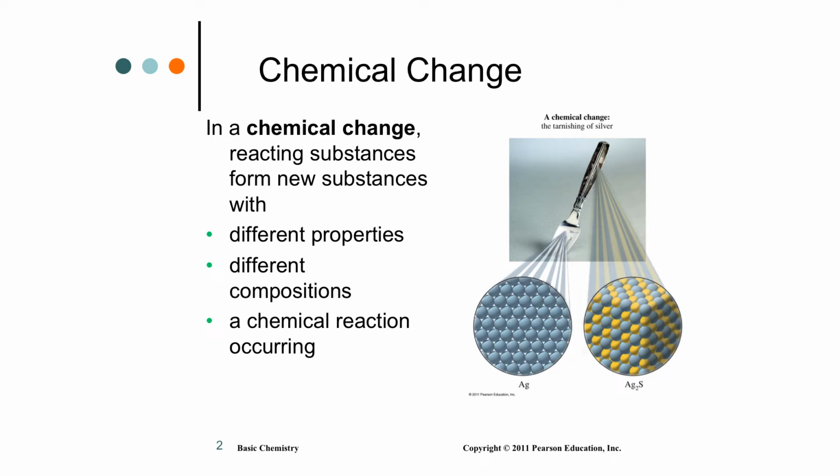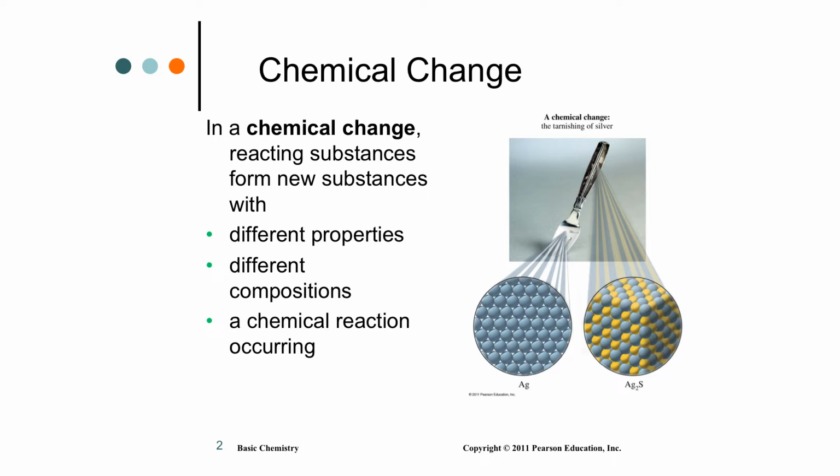It's not that hydrogen gas was in the peroxide, it's that peroxide was made of hydrogen and oxygen, and if all the bonds break, think of them like Legos, if they all break apart and then new bonds form, at the end you end up with water and hydrogen. So that's a reaction. You have different compositions, different properties, and during that time you know something has happened.